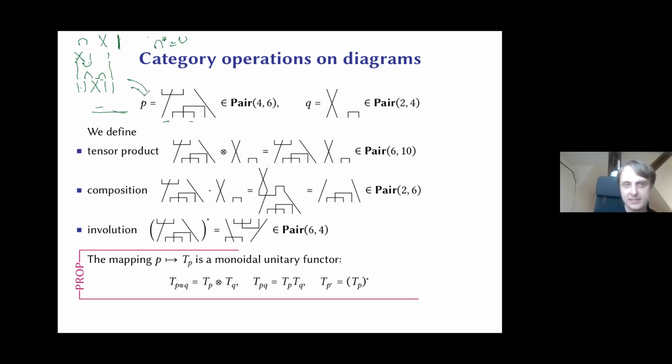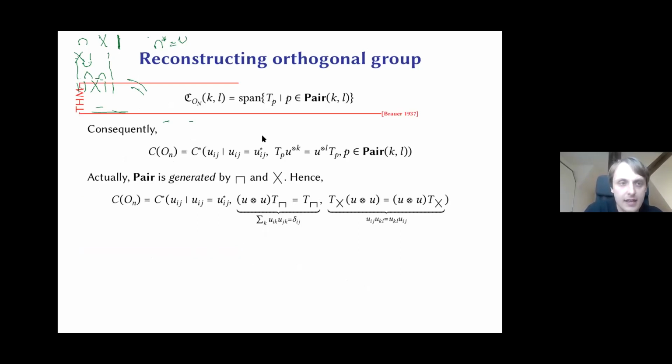So this is a kind of a proof that every pairing is generated by those elements, and somehow those operations in the category exactly correspond to the manipulations that I can do with the relations.